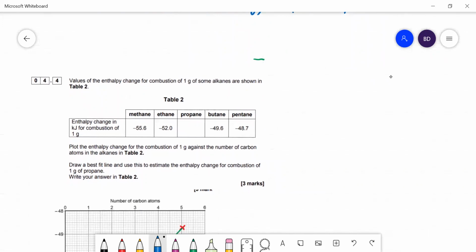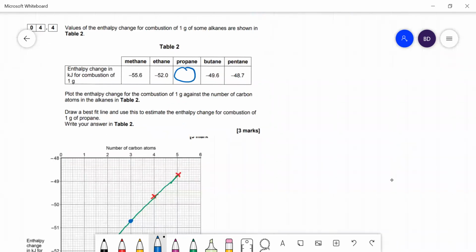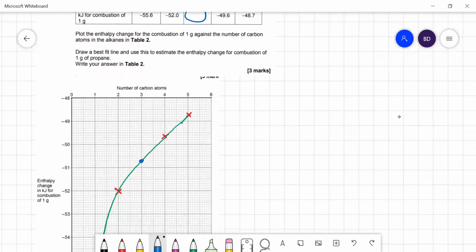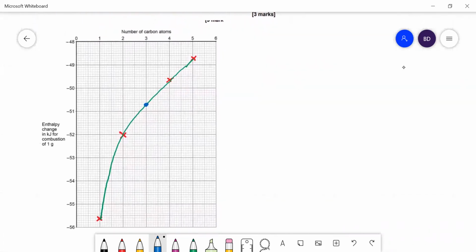Values of the enthalpy change of combustion of 1 gram of some alkanes are shown in table 2, and you've got to plot those against the number of carbon atoms, then draw a line of best fit to fill in this value here. I've plotted the graph already. The red dots are the points. You can see that it is not a straight line, it's definitely a curve.